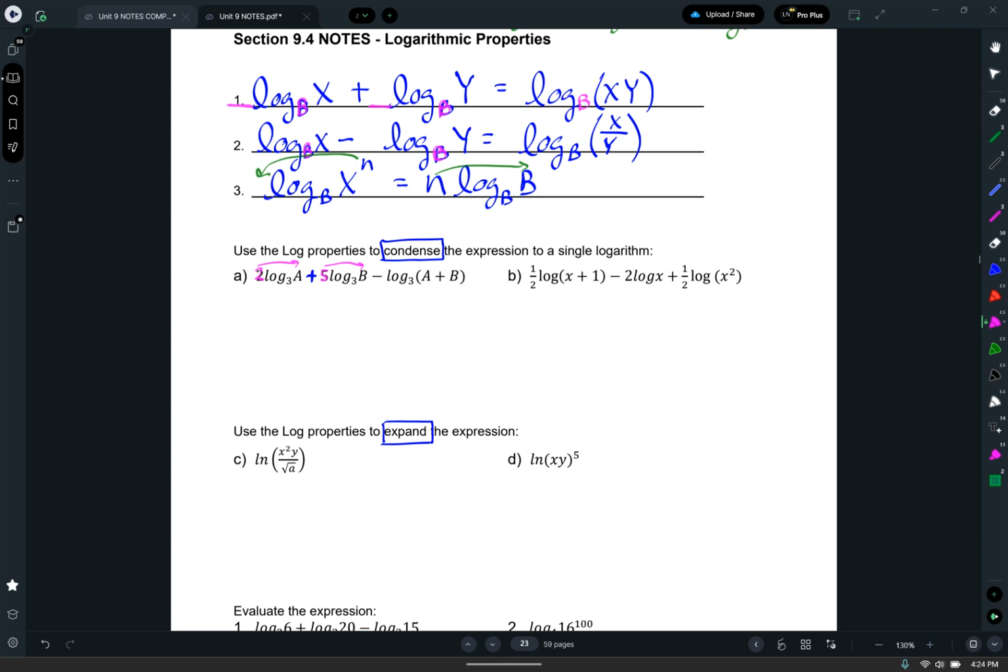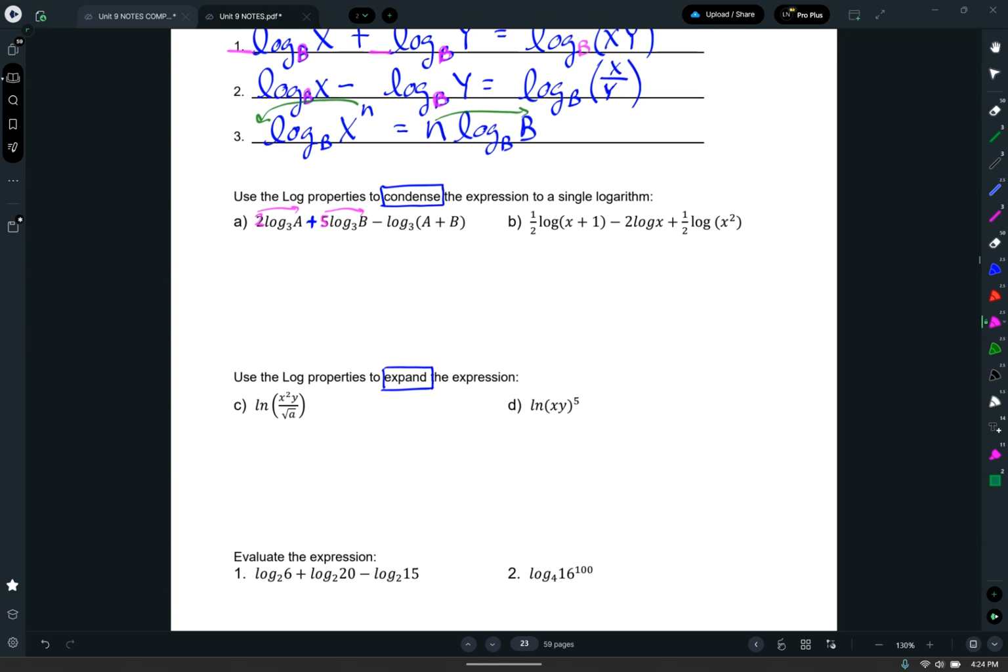You can't combine them if there's a number out there. So the first thing I'm going to do is move those numbers up, and I'll think of this as log base 3 of a squared plus log base 3 of b to the 5th. And for now, I'm just going to leave this last one alone, minus log base 3 of a plus b. It does not matter that that's an a plus b in the parentheses. It's still just part of a single logarithm.